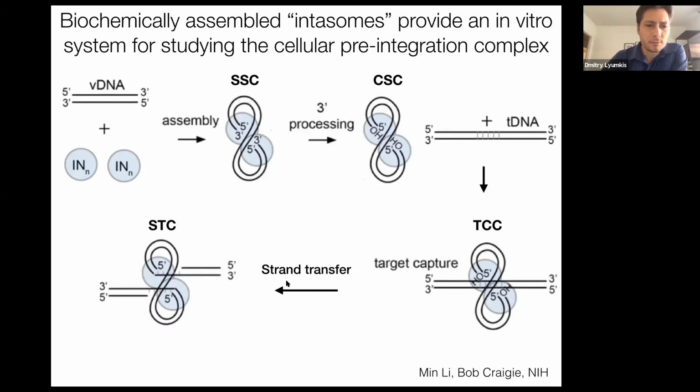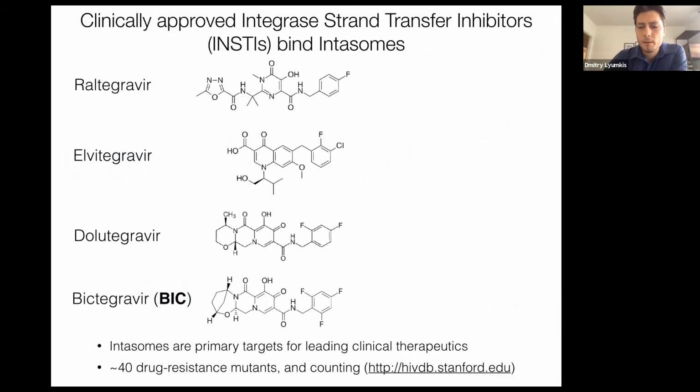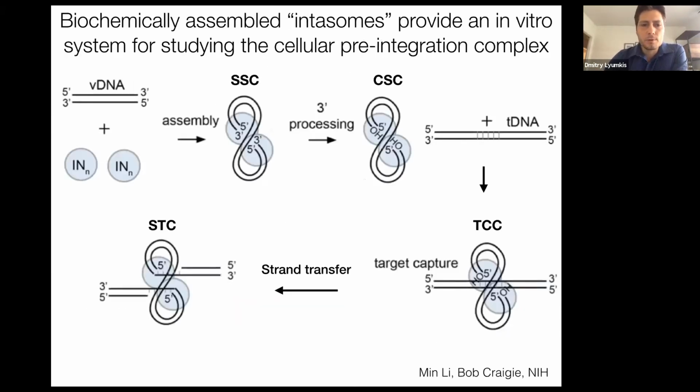Integrase will then perform its second catalytic event to form the strand transfer complex, which is the product of irreversible integration. For all of these complexes, we as structural biologists broadly refer to them as intasomes.